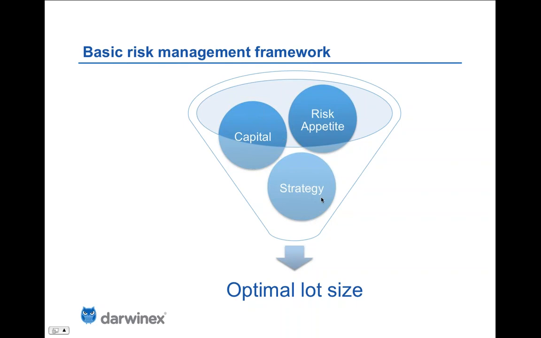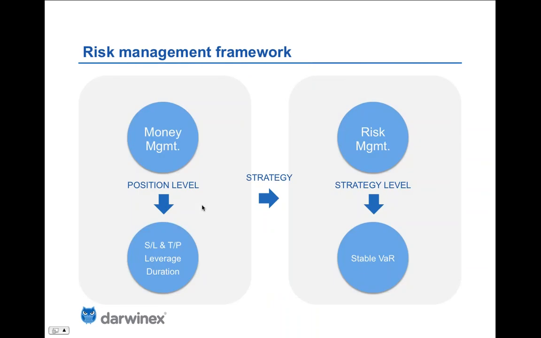But there's one provision, and that is that because the investors are not paying attention to all the trades that are being opened by any given Darwin, there's a piece of software that we call the risk manager that decides at all times what the optimal size for any investor trade is, so that the value at risk of the investor is as advertised by Darwinex, which is a value at risk of, say, 20% in the past, much less in the future. That's really the framework.